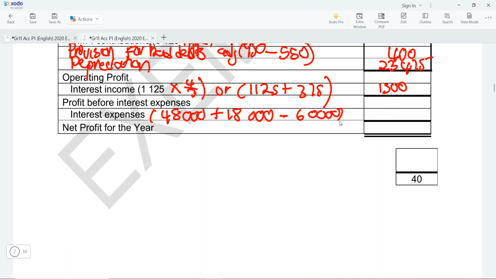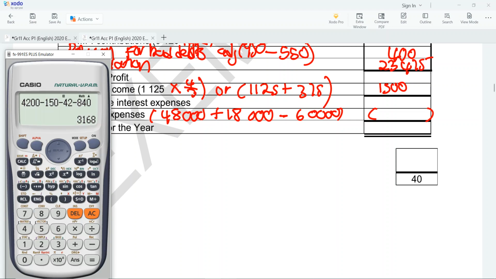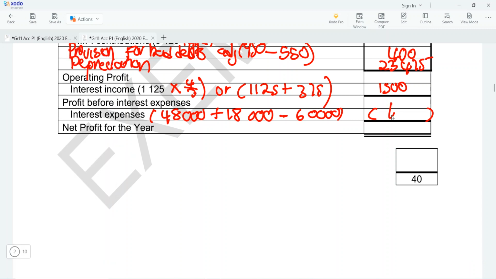Interest expense must always be in brackets. So if we say 48,000 plus 18,000 and then subtract 60,000, it will give us our interest expense. It's giving us 6,000, so our interest expense will be 6,000 here. Then you are done. Okay, then we can go to the next set of information.